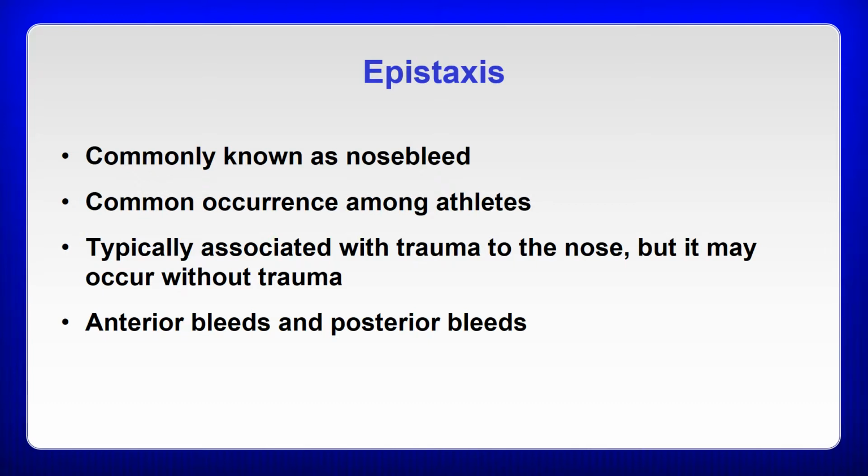Posterior bleeds tend to be more profuse and cause a lot more bleeding, and sometimes posterior bleeds may actually require referral, because they tend to be very difficult to stop. Most anterior epistaxis will stop spontaneously with the normal treatment. However, a lot of your posterior bleeds possibly may need some further treatment.